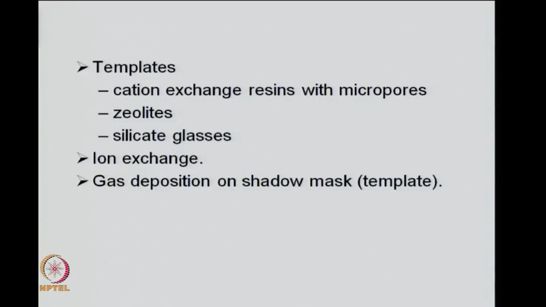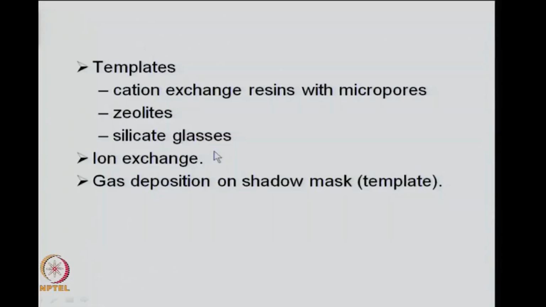They may have channels within them, or different zeolites have different size of pores. So, depending on which zeolite you use, you can either make a small particle or you can make a columnar structure. You can also use silicate glasses as templates within which you can make a material which will have in itself some features which are left from the silicate glasses.